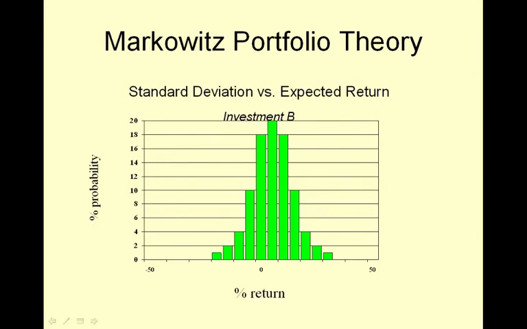Here's a very different investment. Investment B has the same expected return as investment A, about 5%, but the width of the distribution for investment B is much narrower. So investment B is characterized by a lower standard deviation or lower risk for the same expected return as investment A.